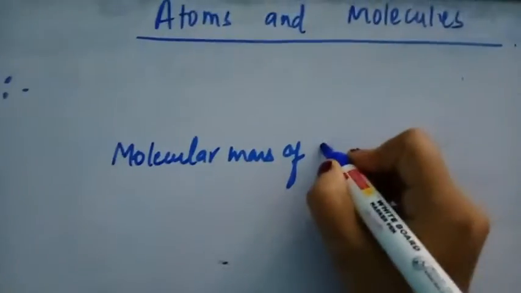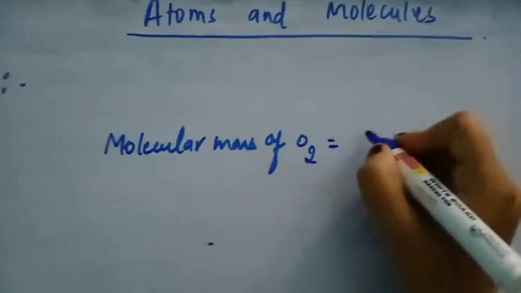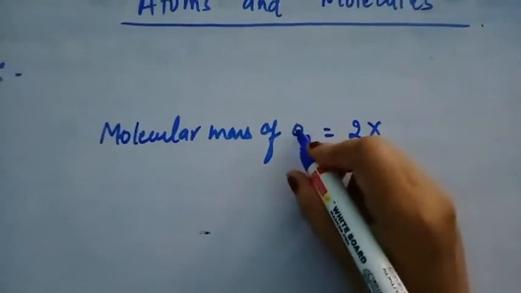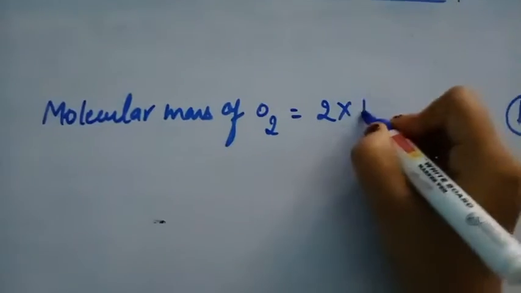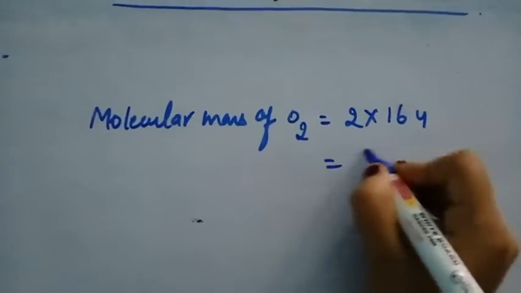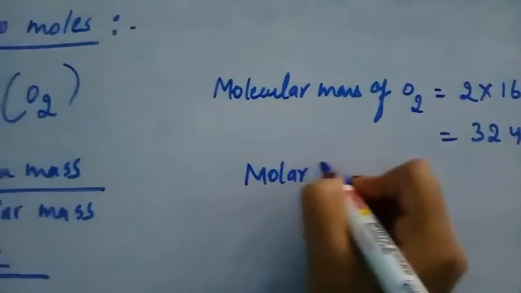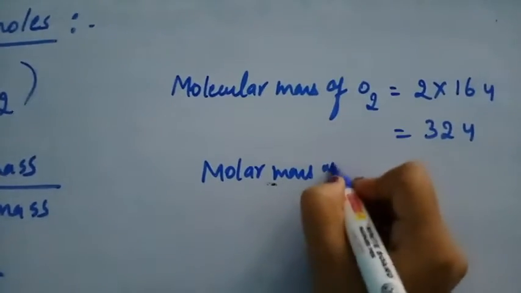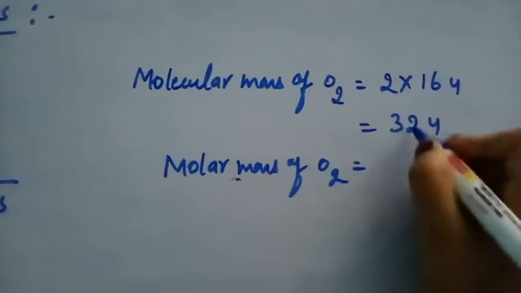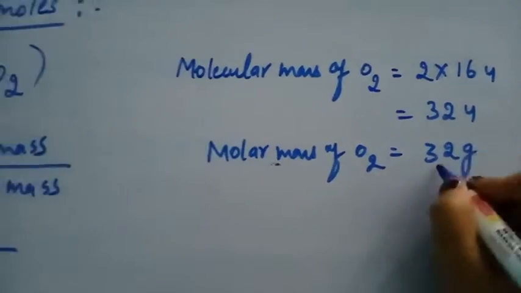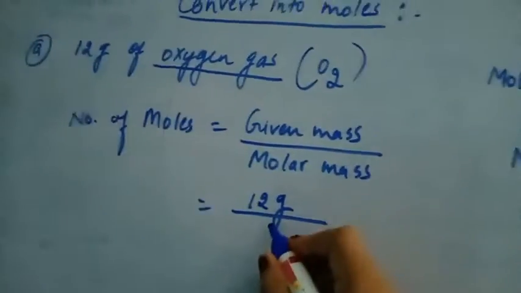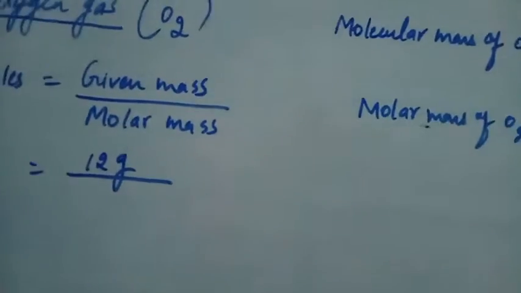So molecular mass of oxygen is equal to 2 into the atomic mass of oxygen, 16. So we will get 32 u. So molar mass of oxygen we will get 32 gram. So this we have to put here in the molar mass.